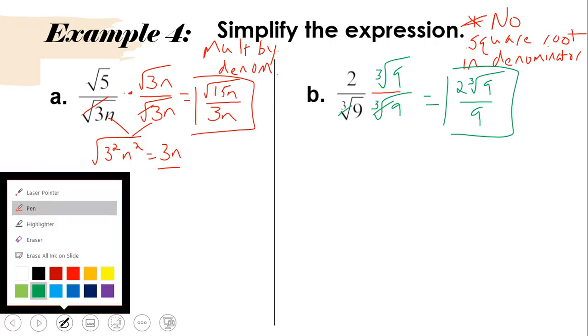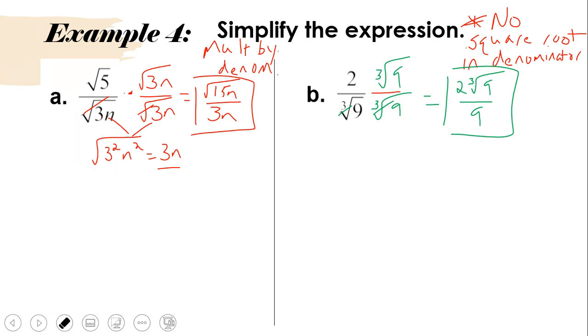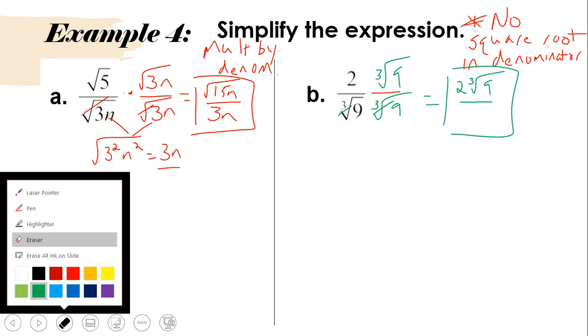Oops, sorry. You're going to end up with a 3 down here.